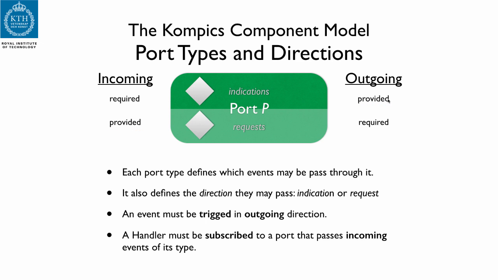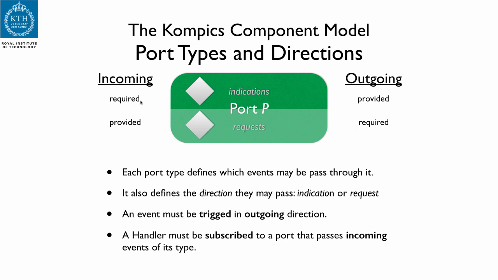And if a component requires a service, then it makes requests to other components. So requests are outgoing. And it gets back indications with the answer to its requests. That is a mental model. It's not necessarily what is true for every component, but it's a way to remember how this works.